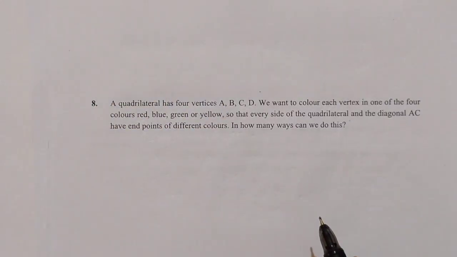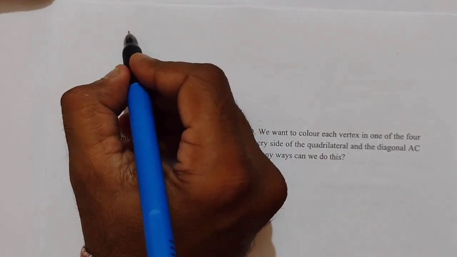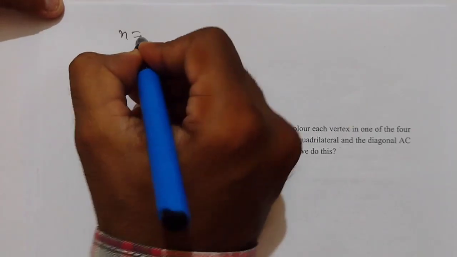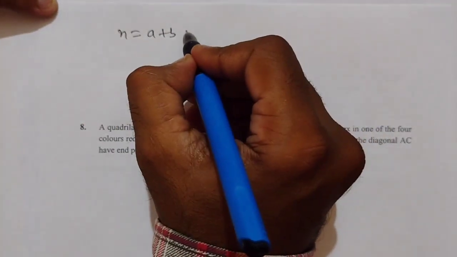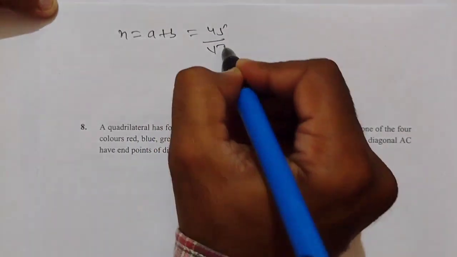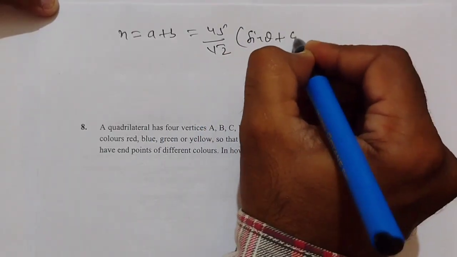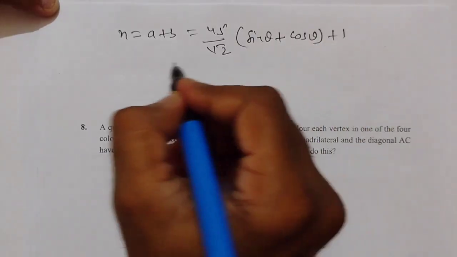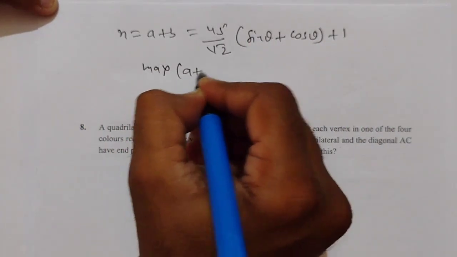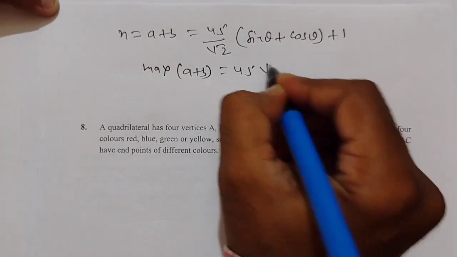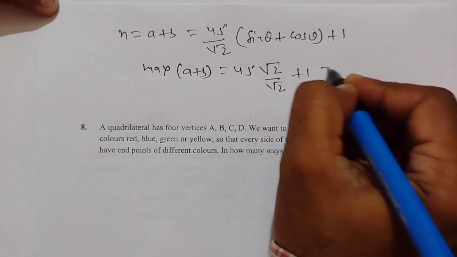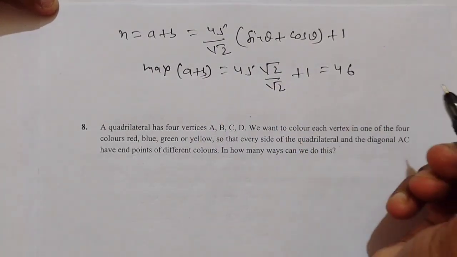Now we have to use that n is equal to a plus b, and this is equal to 45 by root 2 times (sin theta plus cos theta) plus 1, and the maximum of a plus b is equal to 45 root 2 by root 2 plus 1, and this is equal to 46.